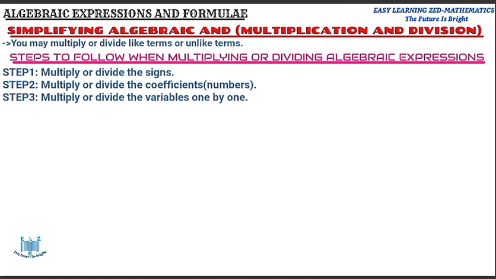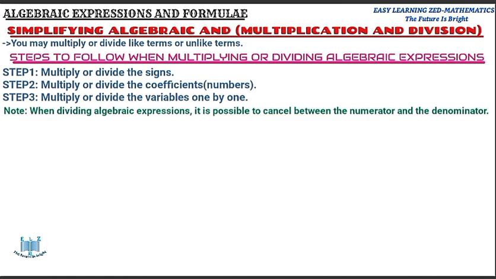Now you should also note that when dividing algebraic expressions, it is possible to cancel between the numerator and the denominator. Where it's necessary, you can just cancel out numbers in the numerator and denominator. If you cancel on the numerator, you also cancel on the denominator.